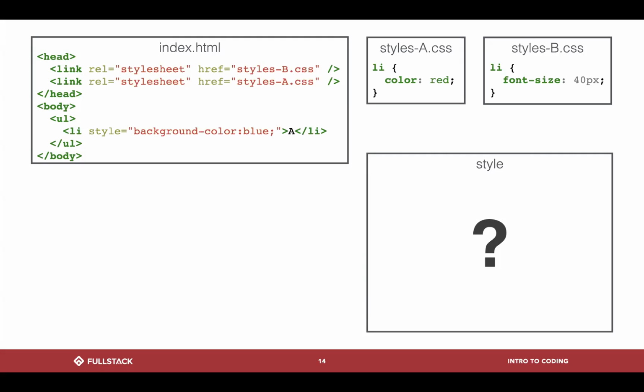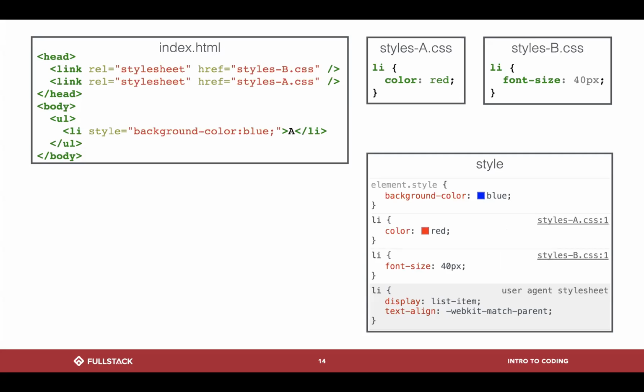Styles A would come along and say, no, no, no, I'm getting loaded in after you. Color is going to be red. But with these two, they actually don't collide, because although they're trying to apply style to the same elements, they're applying different styles. So they can play nice together. They don't have to worry about a collision.